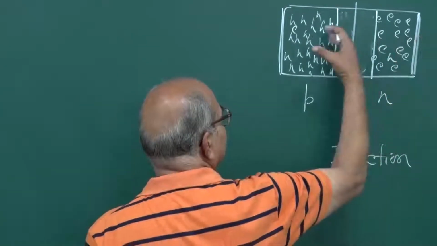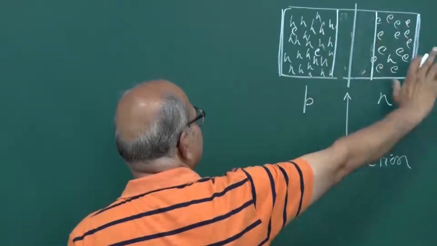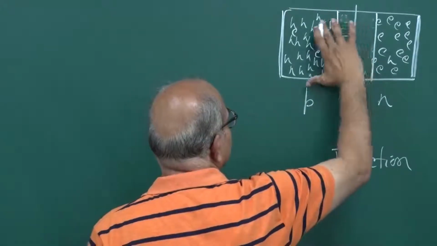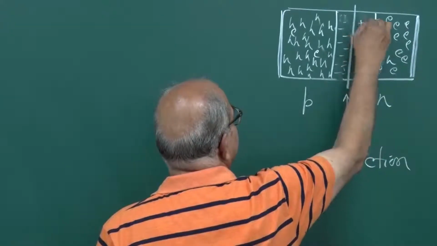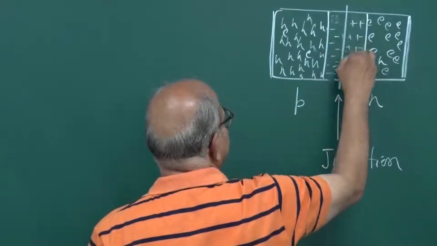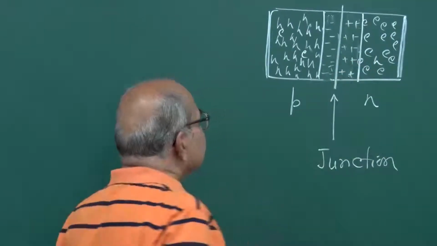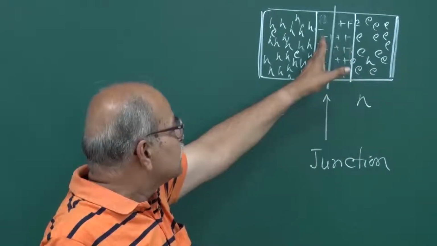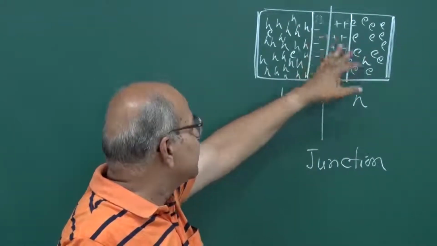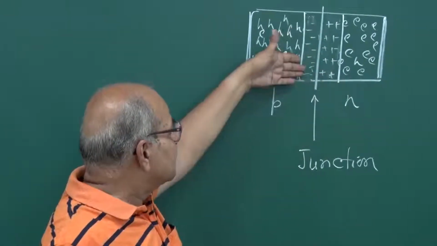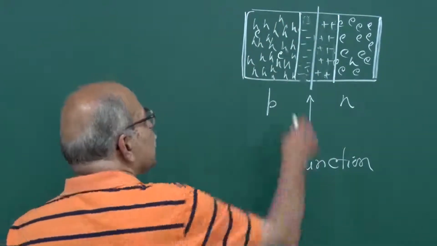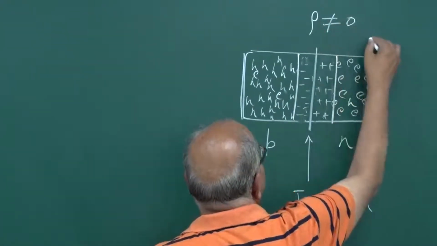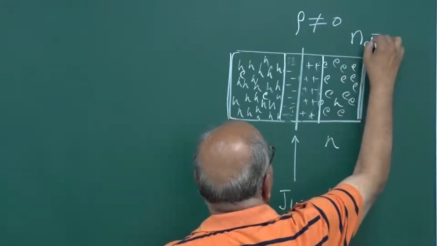Since these electrons are going to this side, and everything was neutral, you get negative charges here, and these holes which are going to this side create positive charge here. So initially everything was neutral, and then you bring some electrons from this side, you shift some holes from this side, and both of them will create negative charge here and positive charge here. So you have charge density rho, which is not 0, but the charge carrier density is 0.